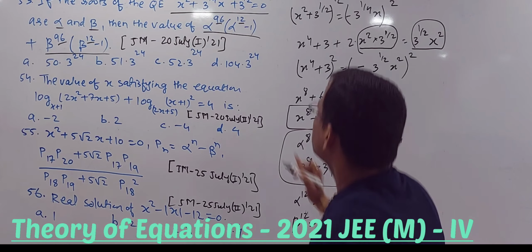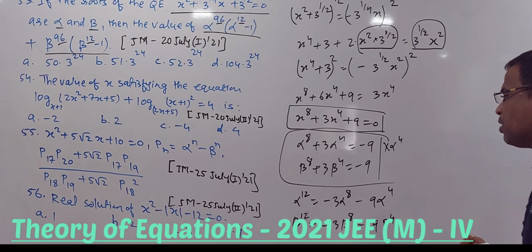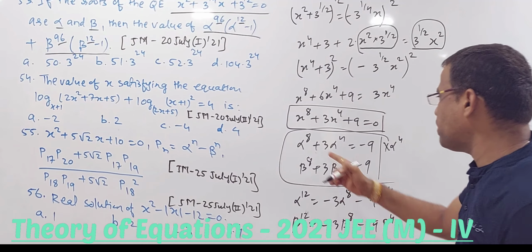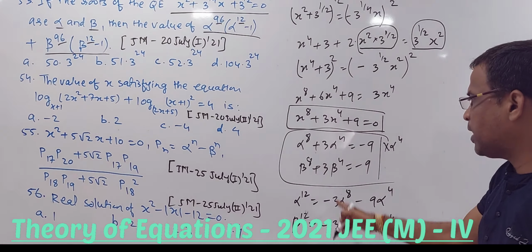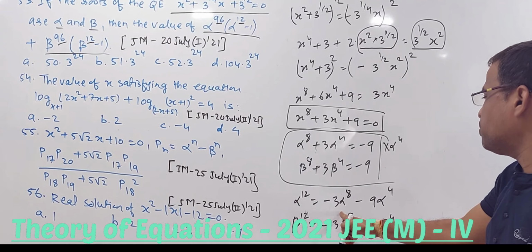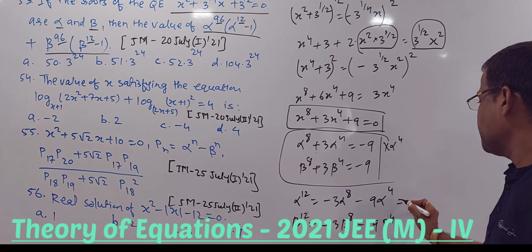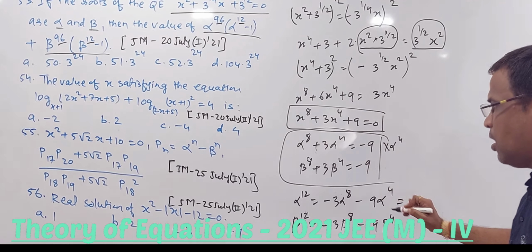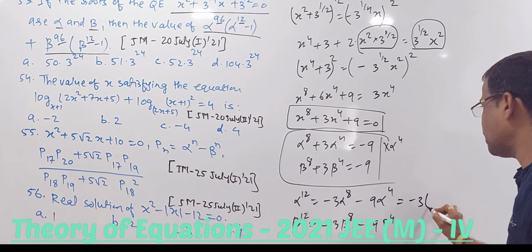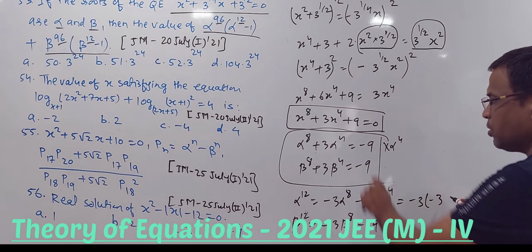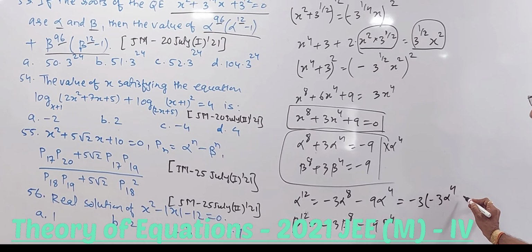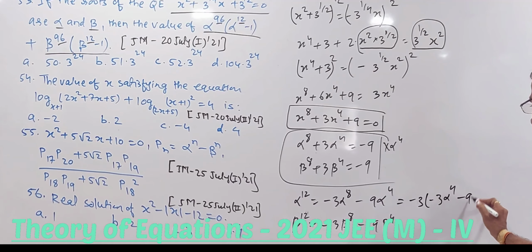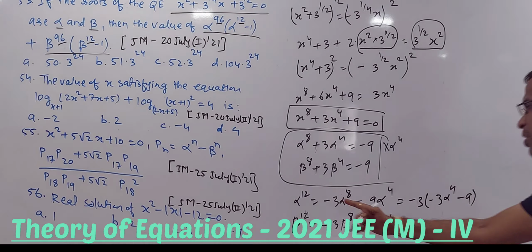Now that is alpha power 12, something which we got, and we also know the value of alpha power 8. So that value we can put here. What will happen with this? Minus 3, and alpha power 8 will come like this: minus 3 times minus 3 alpha power 4 and minus 9. That is what we get for this.